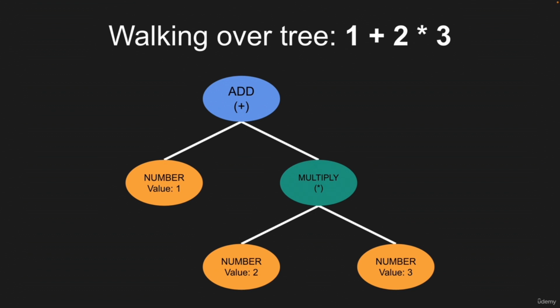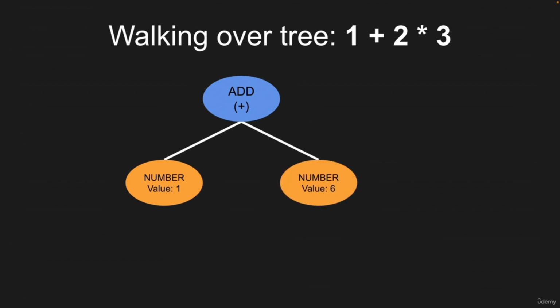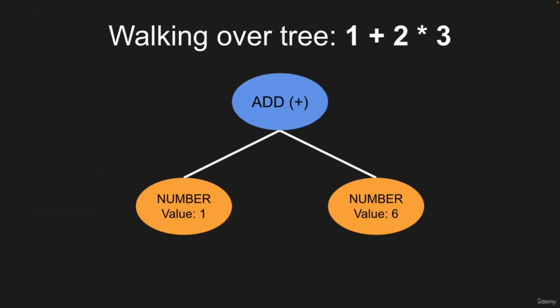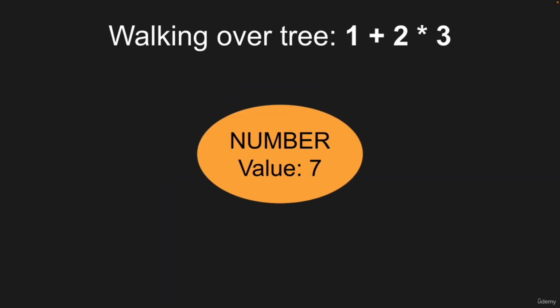We have to add 1 to this multiply child node, which is 2 times 3. 2 times 3 is 6. Now we can add 1 plus 6, since 6 became the result from the multiply operation. 1 plus 6 is 7, and 7 is our answer.